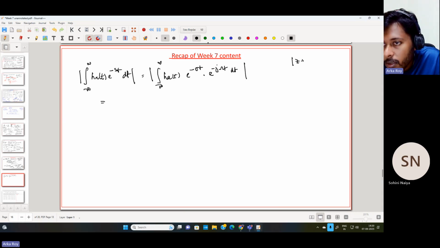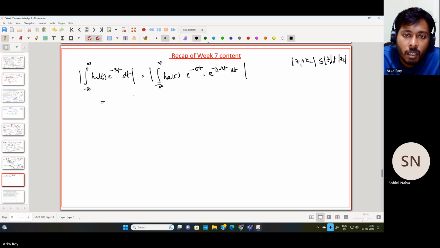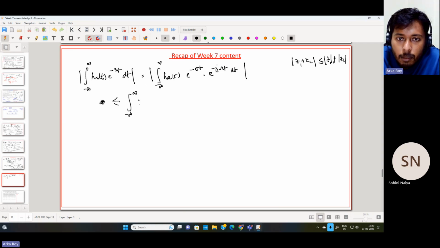Now from the complex formulas, we know that mod of z1 plus z2 is less than or equal to mod z1 plus mod z2. So by that logic, I can take the mod inside, and write it as h(t), then e to the power minus sigma t, and e to the power minus j omega t dt.